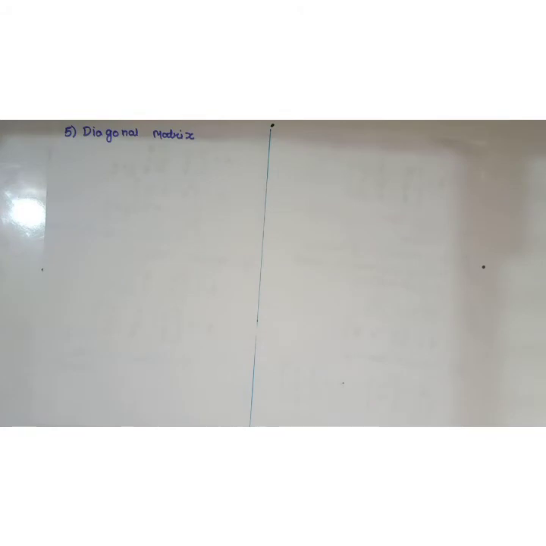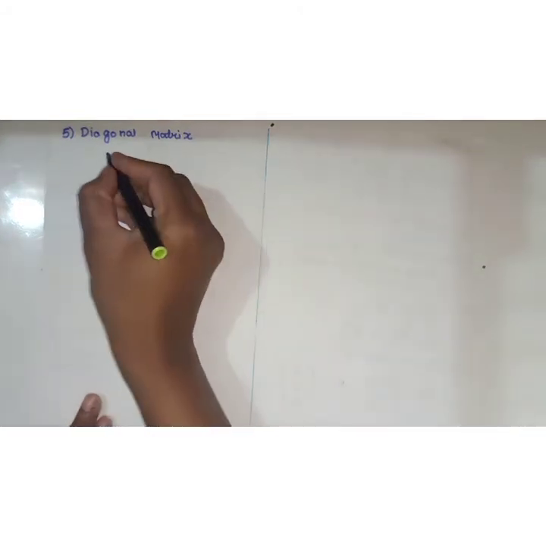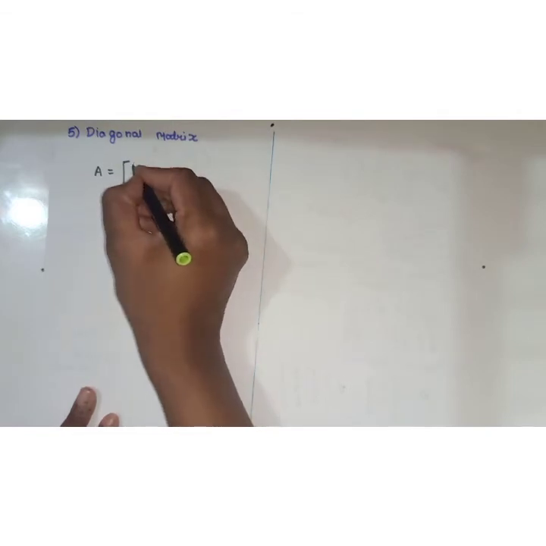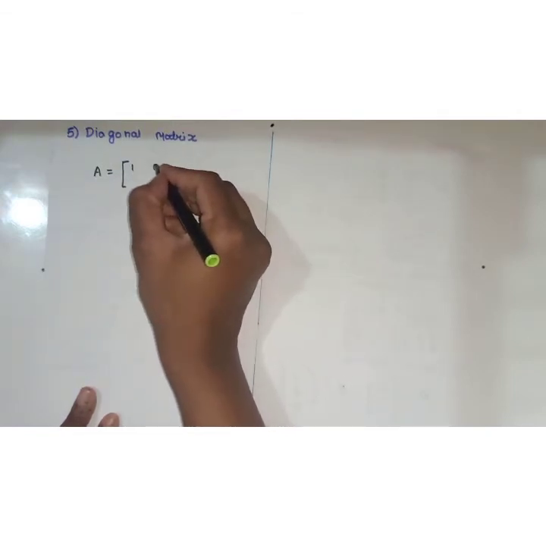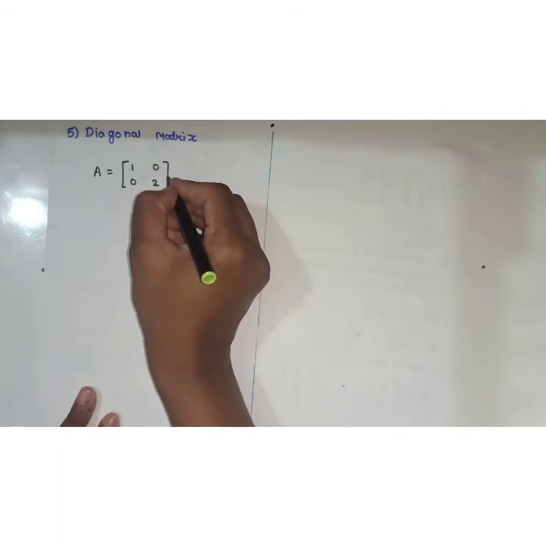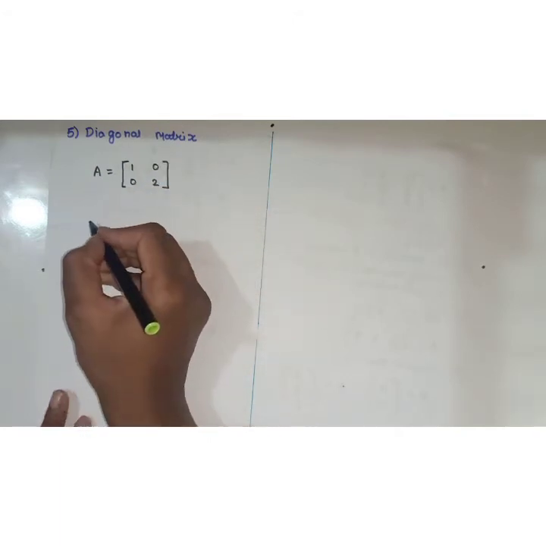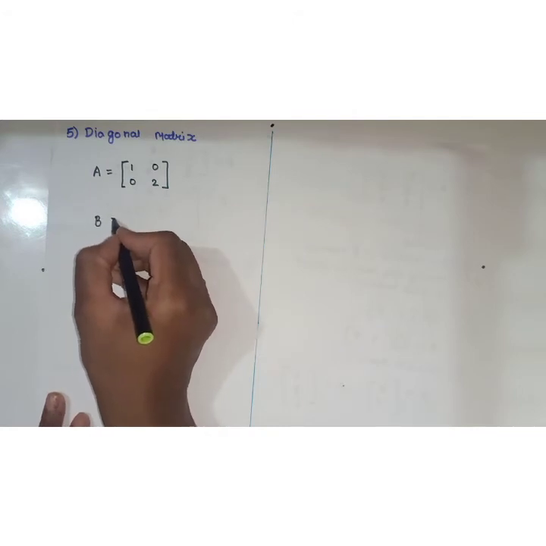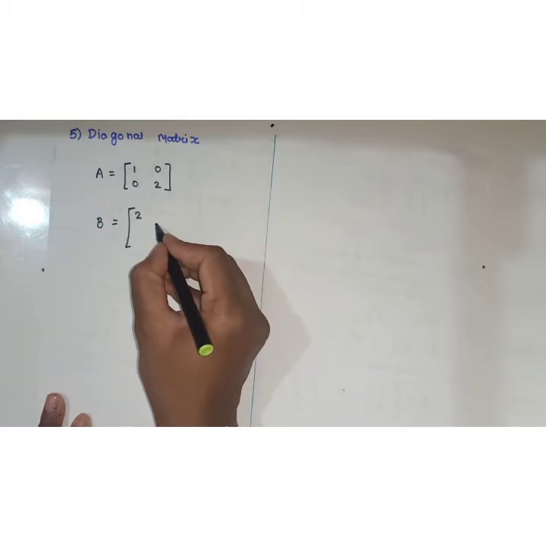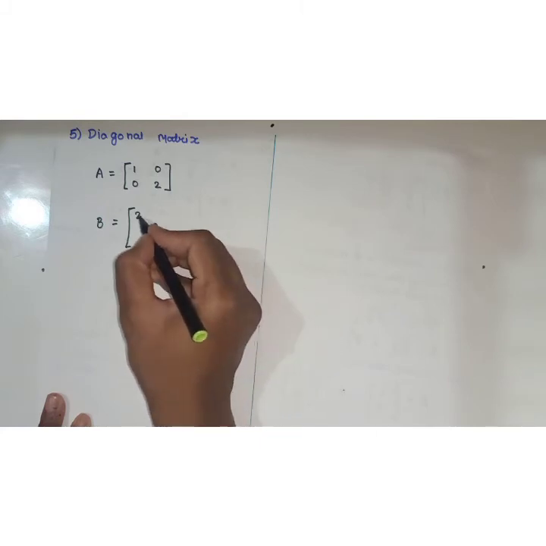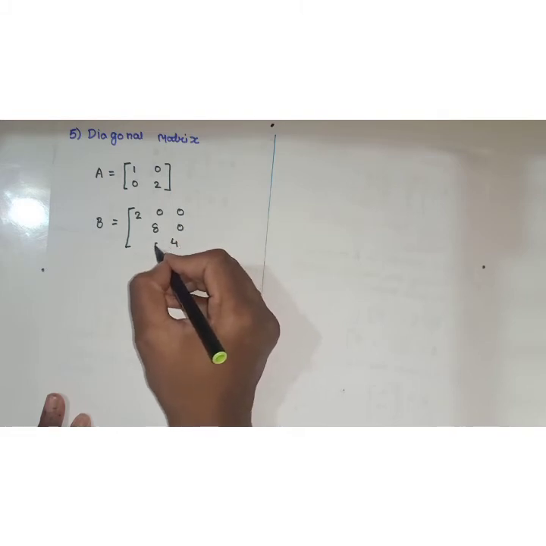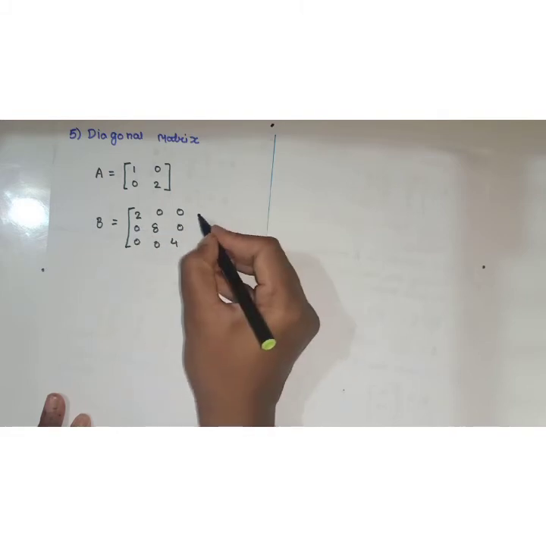For example, A equals 1, 0, 0, 2. One more example, I write it down: 2, 8, 4, 0, 0, 0, 0, 0, 0.